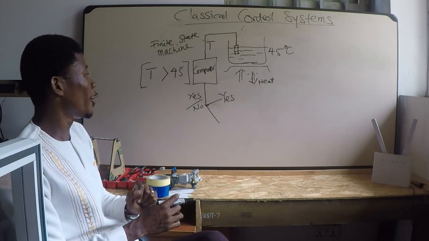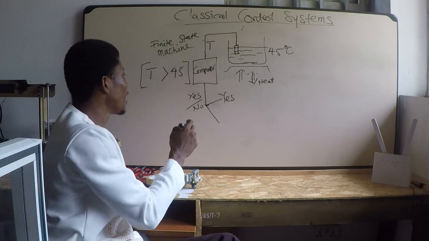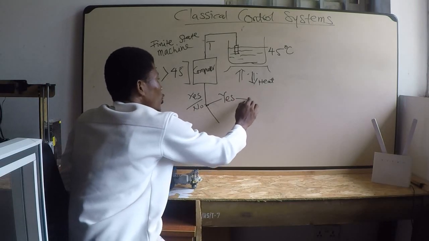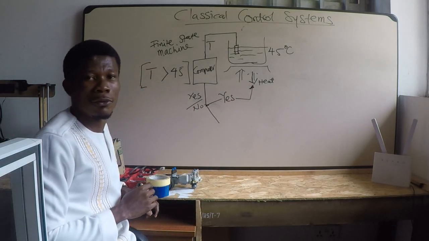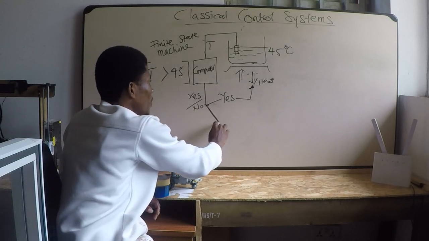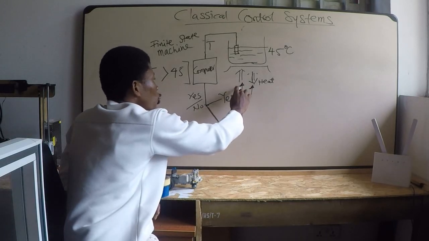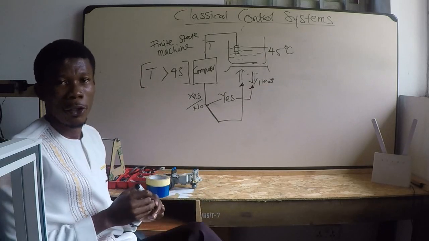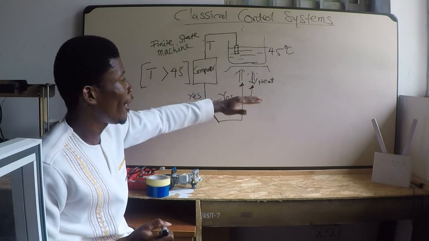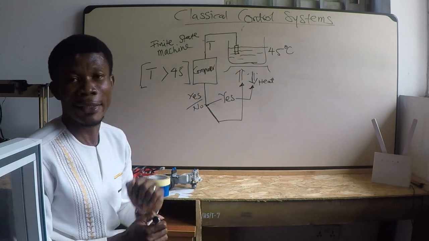So what we are going to say is that if T is greater than 45, then the temperature should be coming down. Else, if T is less than or equal to 45, then the temperature should be going up. So as the temperature drops below 45, the burner gets into the heating state.